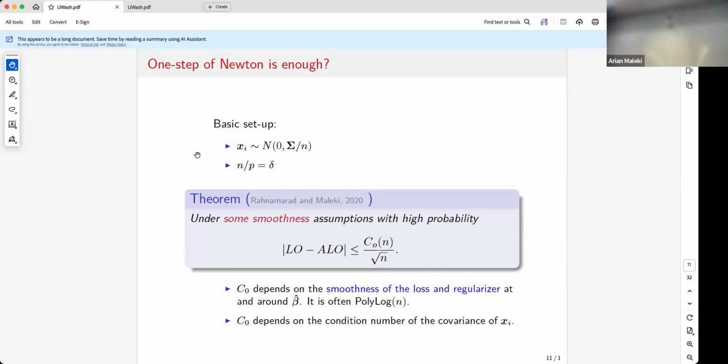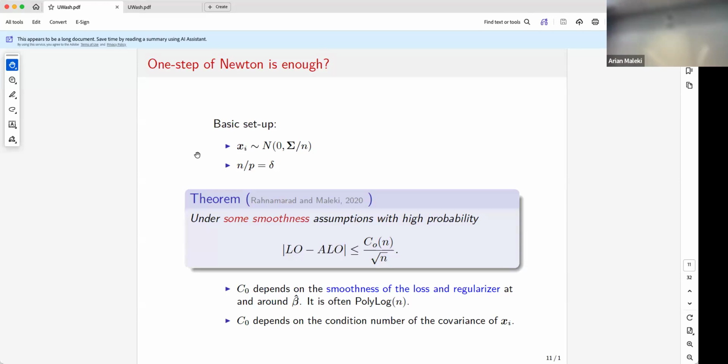And then what we can show is that if we do one step of Newton, the difference between leave-one-out and ALO is some polylogarithmic term divided by square root n. So it's small. And one thing that is even more interesting is that the error between leave-one-out and out-of-sample prediction error is 1 over square root n itself.